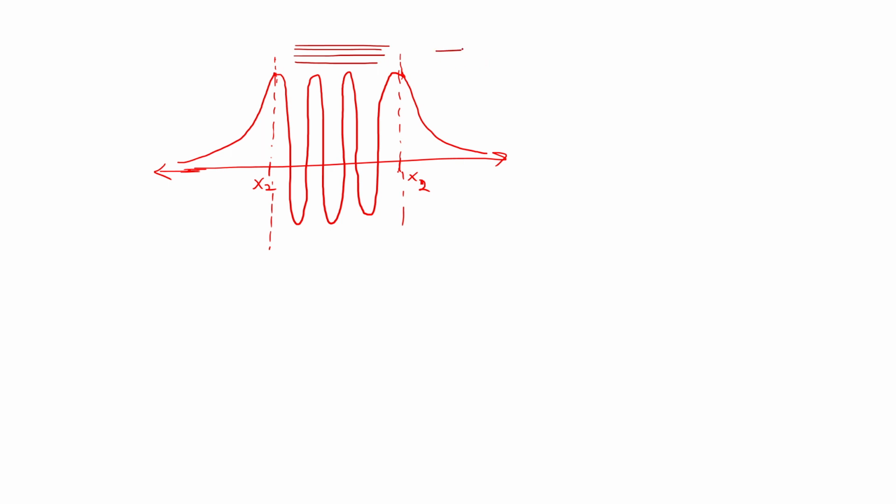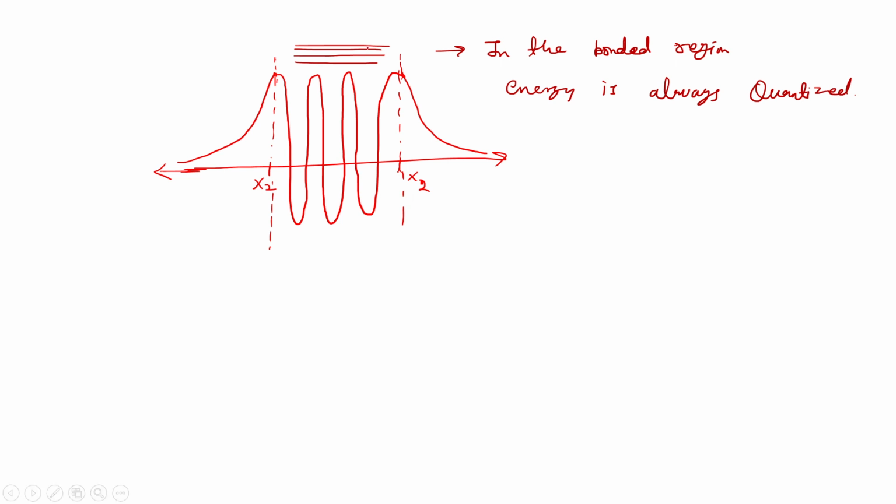Okay, so, very important conclusion: for different energy values you could have for a particle, the energy will be quantized and discrete.